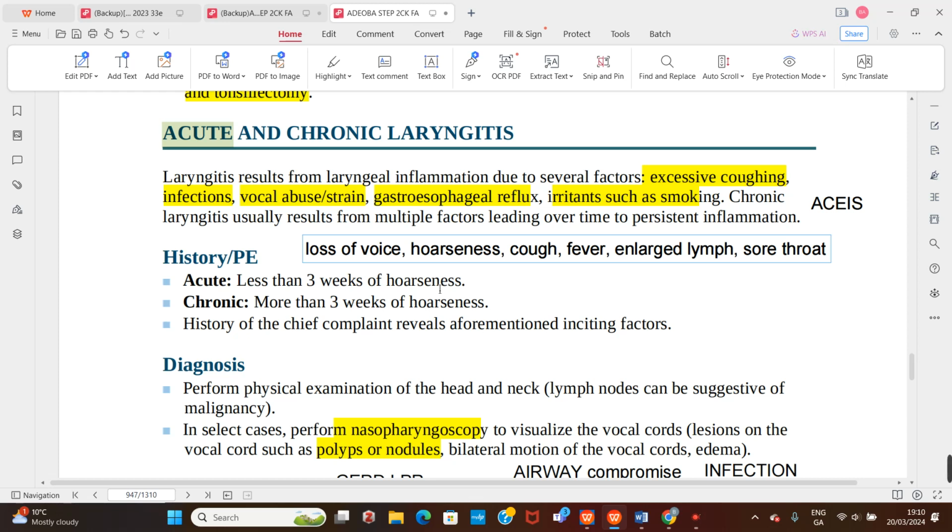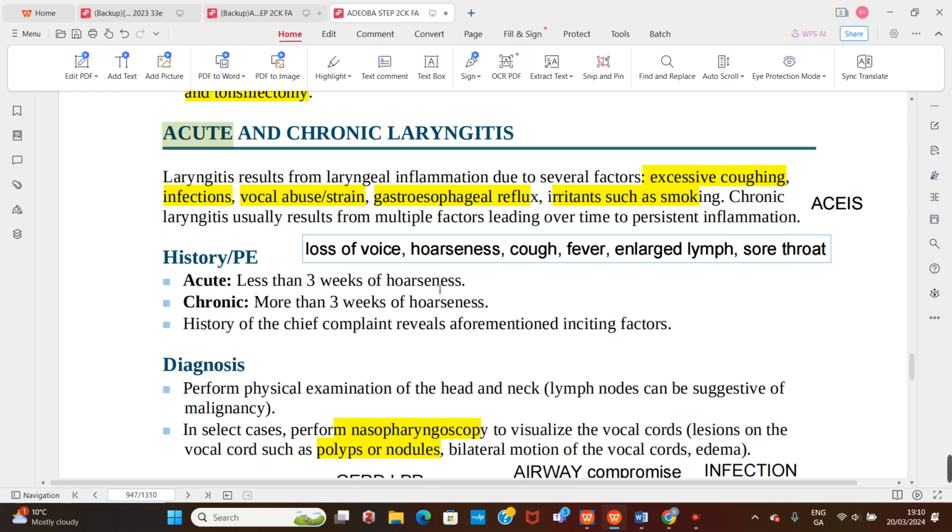particularly laryngopharyngeal reflux, they can have laryngitis because stomach content is getting into the larynx, can trigger inflammation. Or people that get exposed to irritants for a long time, smokers, they can also develop laryngitis. So, they are going to experience hoarseness of voice. Sometimes they can even lose that voice totally.